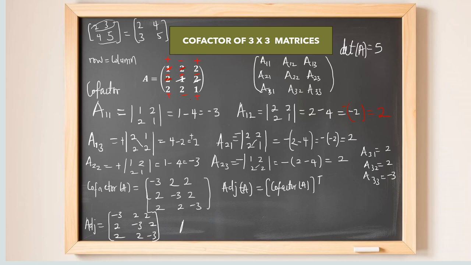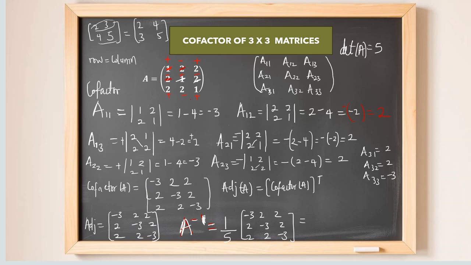And lastly, our A inverse is going to be 1 over the determinant. Our determinant is 5. So 1 over 5 times the adjoint of the matrix: minus 3, 2, 2, 2, minus 3, 2, 2, 2, minus 3.